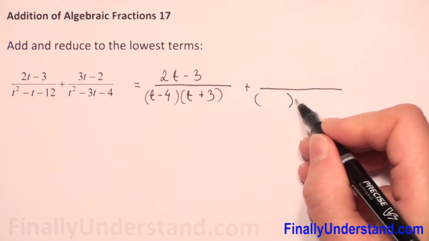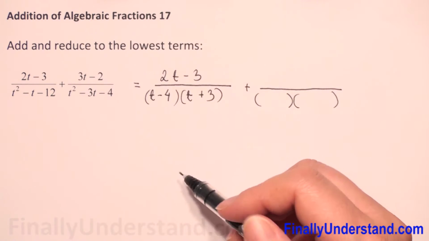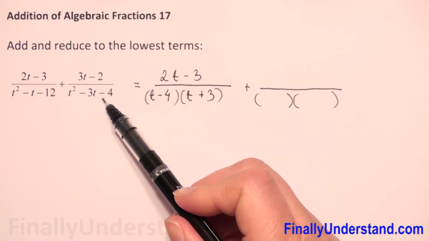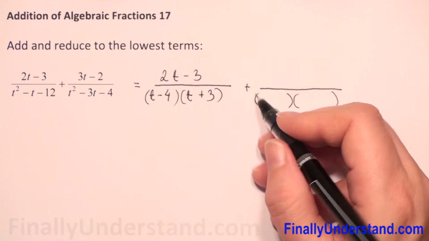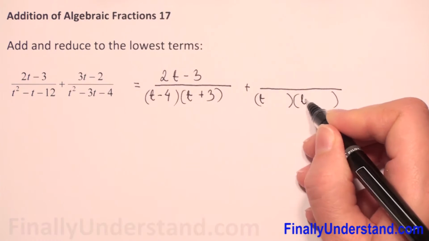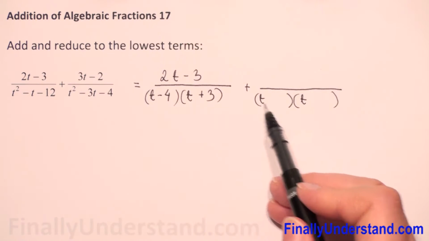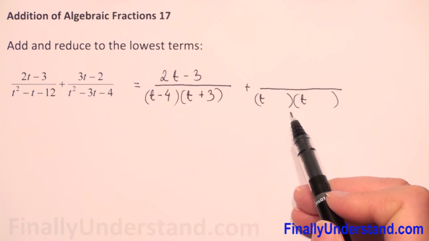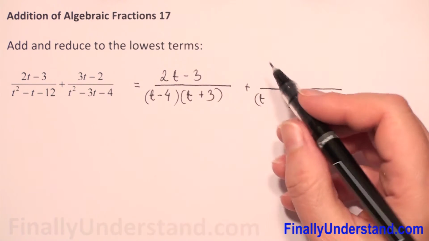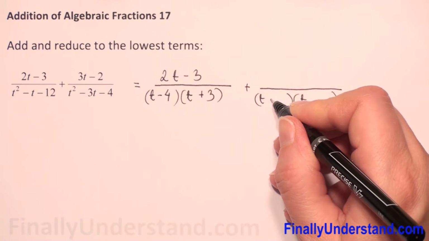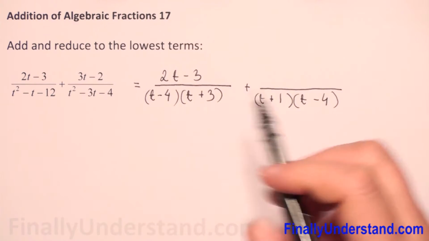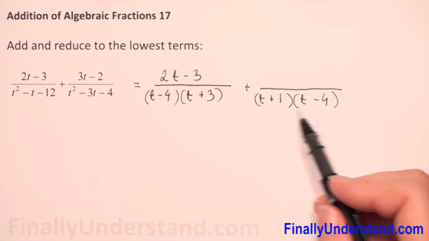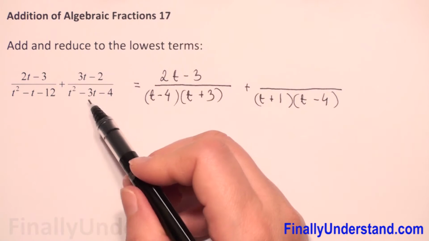So we will try to find two numbers whose product is negative 4 and sum is negative 3. So t at the beginning, because we have t squared, so t times t is t squared. And now to get negative 4, we will take positive 1 and negative 4. 1 times negative 4 is negative 4, and 1 plus negative 4 gives me negative 3.